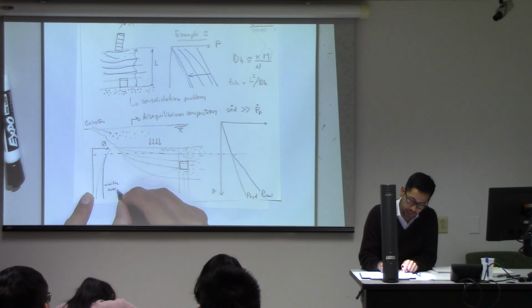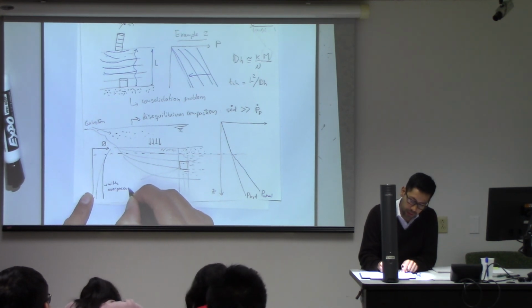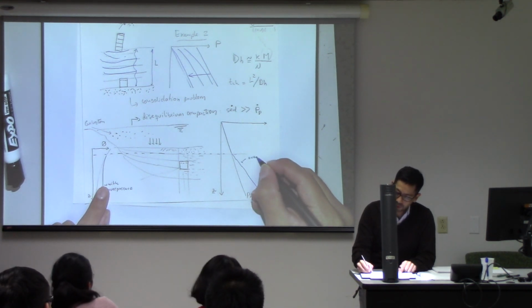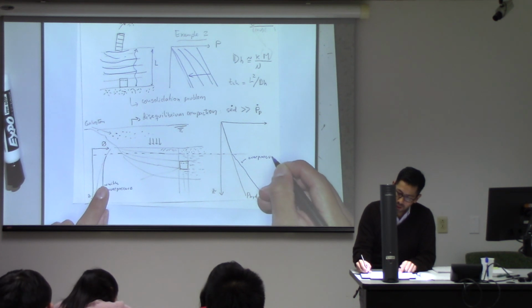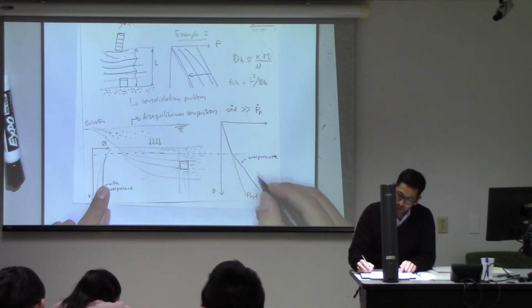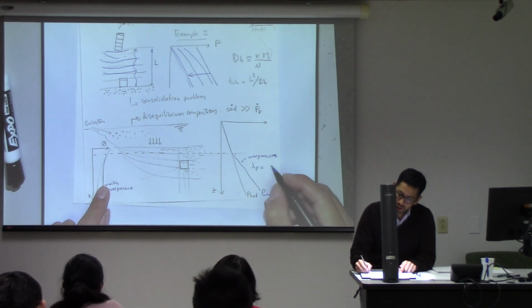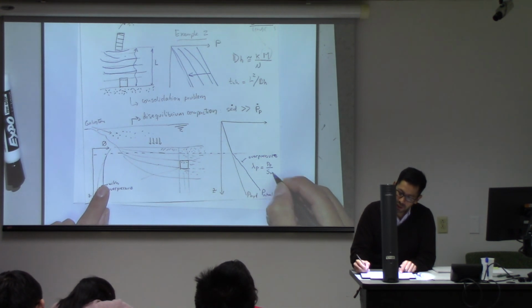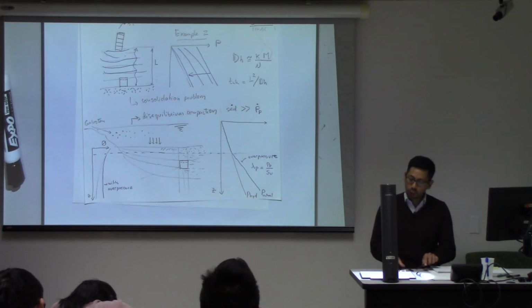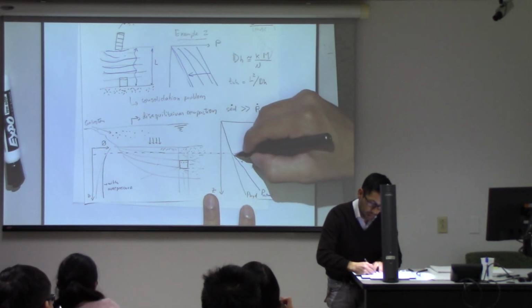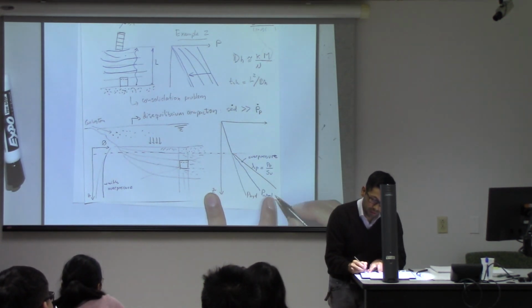And whenever your pore pressure is higher than the hydrostatic pore pressure, it is called overpressure. And there is a parameter to measure overpressure, and it's defined as the actual pore pressure divided by the vertical stress. By the way, your pore pressure can never be higher than your vertical stress.